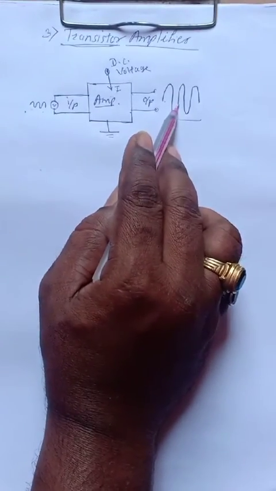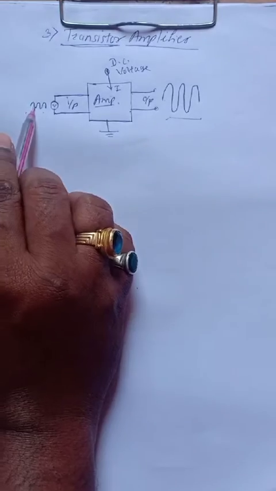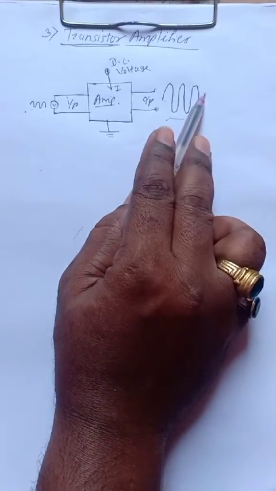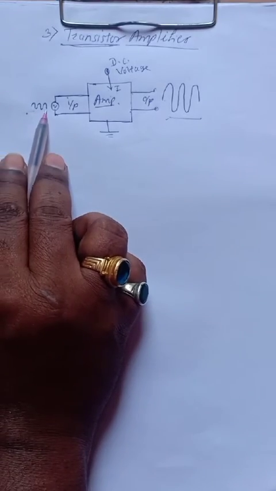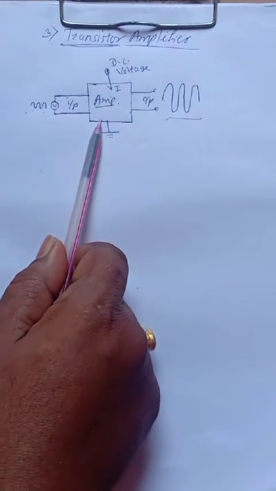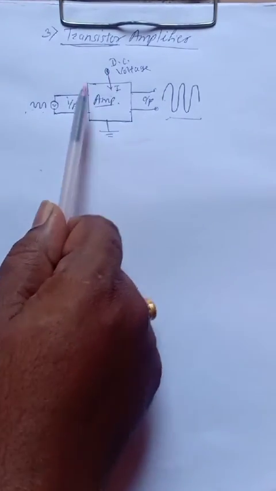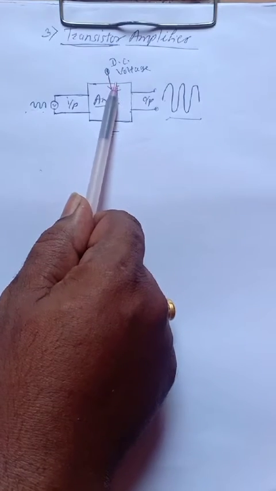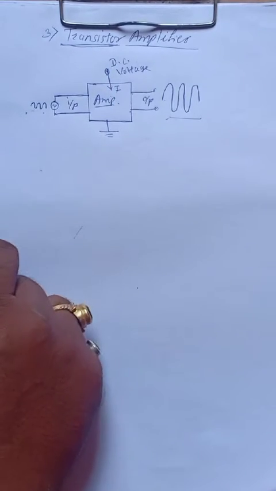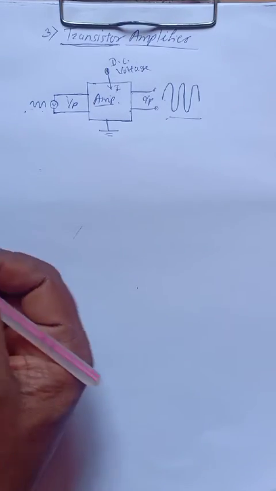This current is different from the input, but the shape of this voltage is the same as that of the input. That's why we can say that this signal is amplified at the output. So it takes the current from this power supply and makes changes in that current depending on the input variation. This is the concept of an amplifier.